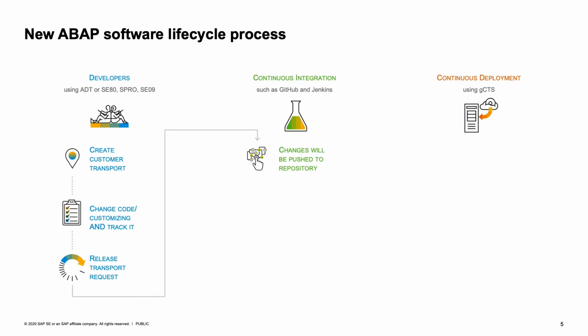If this happens depends, in case of customizing, on the transport target that you chose. In case of coding, it depends on the transport layer that you chose. If the transport layer is one that is made for working with Git, then you will push the objects that are inside this transport request to Git in a repository that has been defined before.